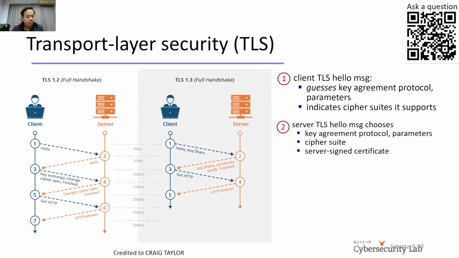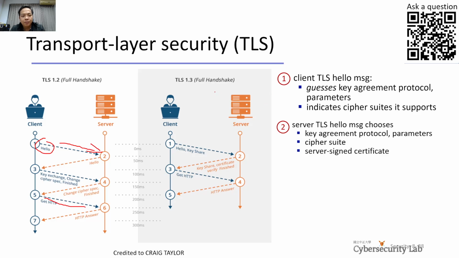The transport layer has some differences between TLS 1.2 and TLS 1.3. In 1.2, when you send the hello to the server, it is plain text, and after the server gets the hello, it replies to the client to start the key and cipher specification exchange. After this step, the HTTP session can be initiated.